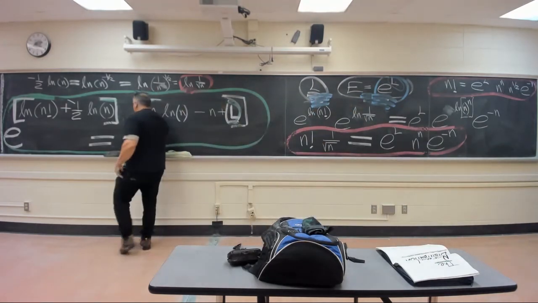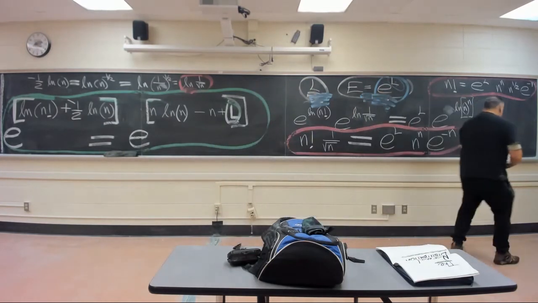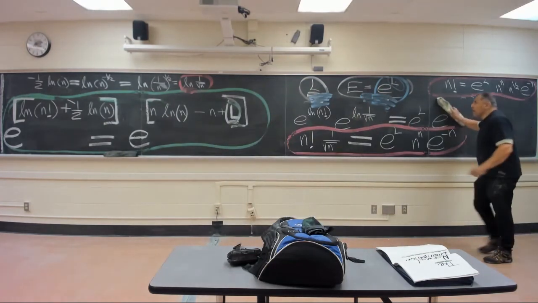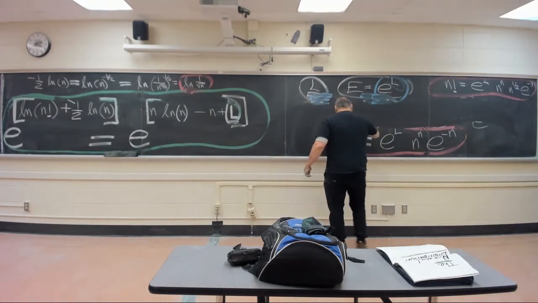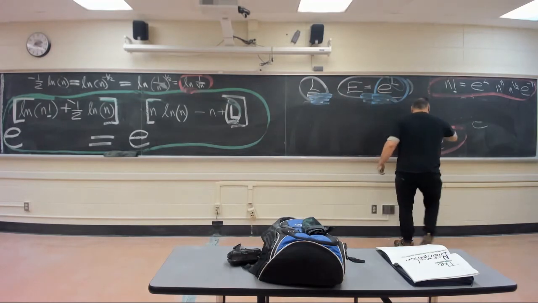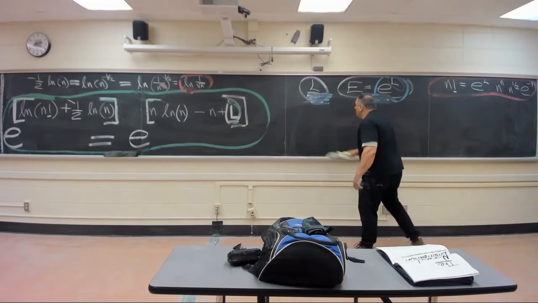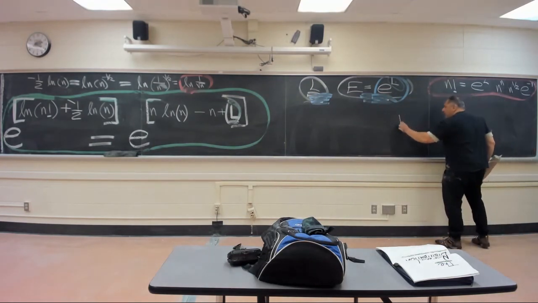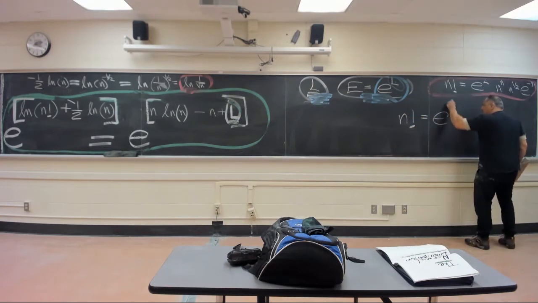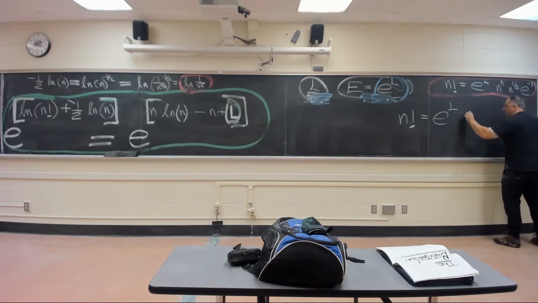N to the 1/2 times n to the n, you're just adding the exponents. What we have here is n factorial equals e to the L, n to the n times n to the half.